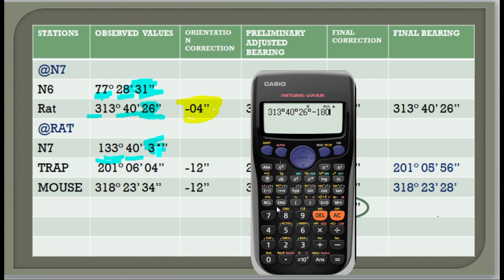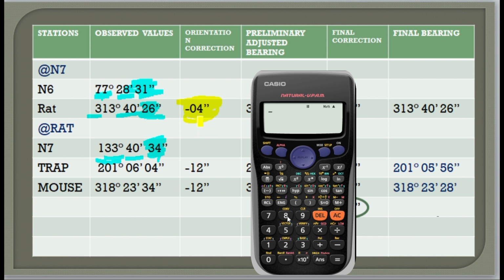But here we see we had a great error of 34 seconds. So by subtracting those two values there, we have a difference of negative 8 seconds. So our negative 8 seconds will be applied to the orientation correction of our next portion.